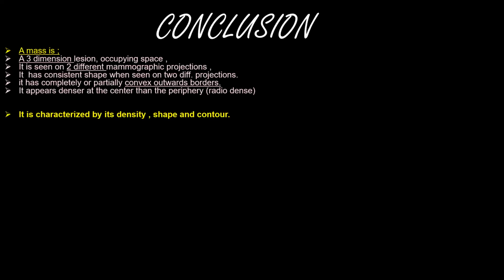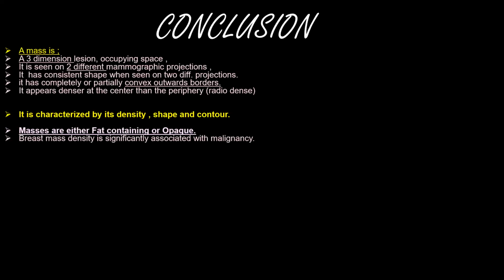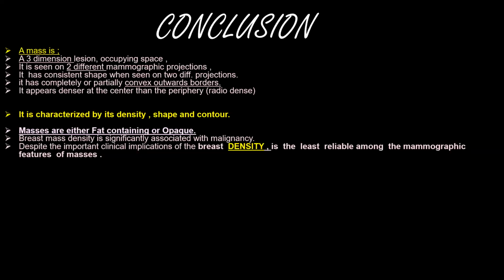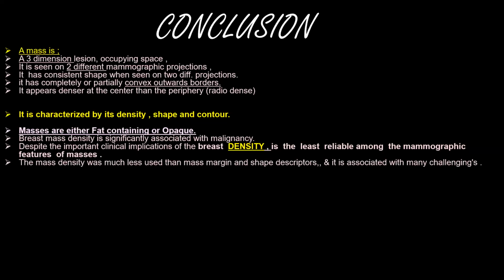The mass is characterized by its density, shape, and contour. It could either be fat content or opaque. As we mentioned, the density is significantly associated with malignancy, despite the important clinical implication of density, but it is still considered to be the least reliable mammographic feature, not like the morphology.